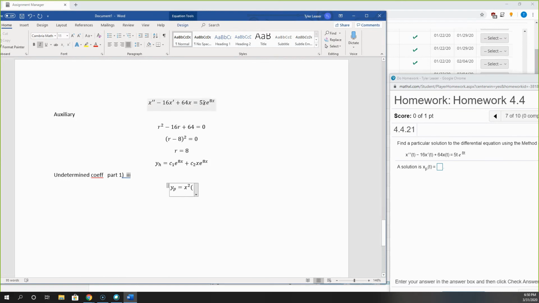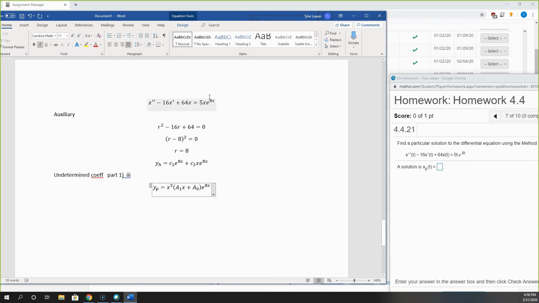The function on the other side is a linear polynomial, which means that your undetermined coefficient particular solution needs to be a linear thing, so just a1x plus a0, or however you want to label it, and the exponential thing.